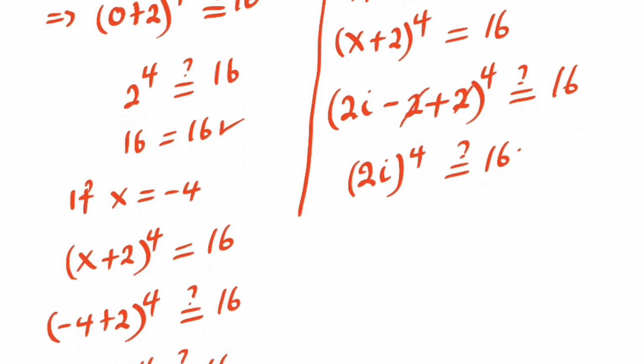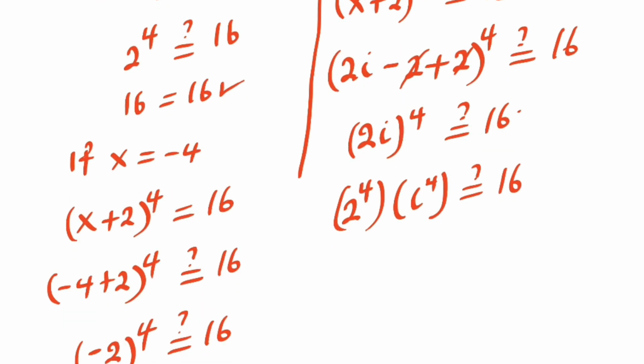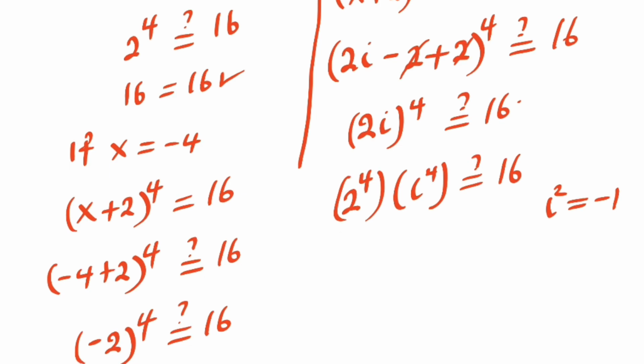Then if you split this, we have 2 raised to power 4 multiplied by i raised to power 4 must be equal to 16. i^2 is equal to minus 1.